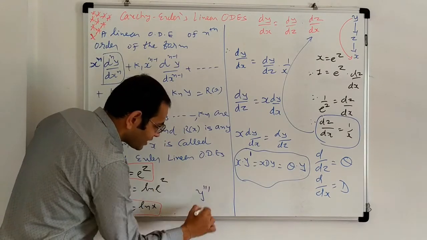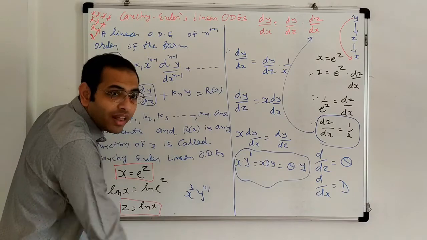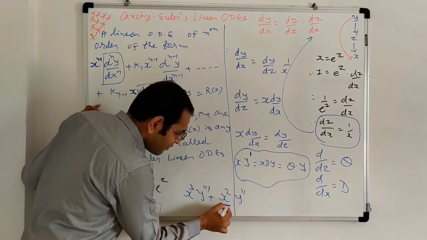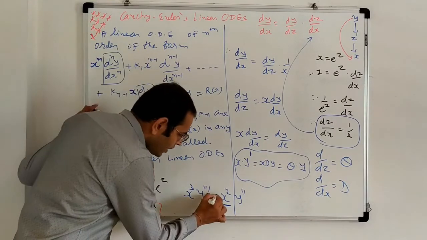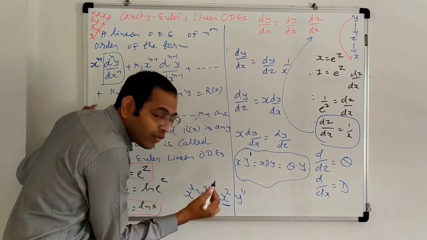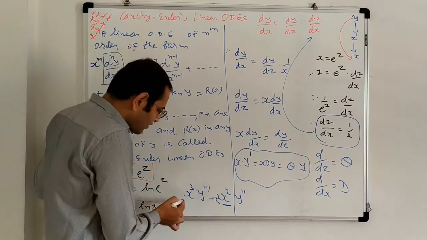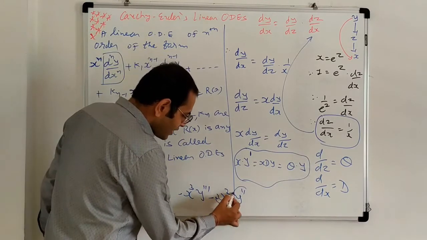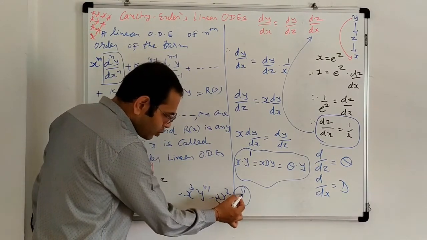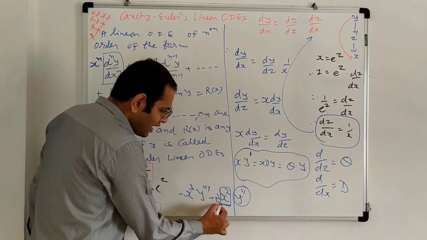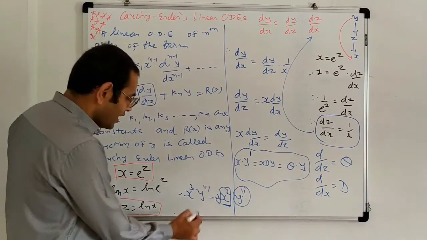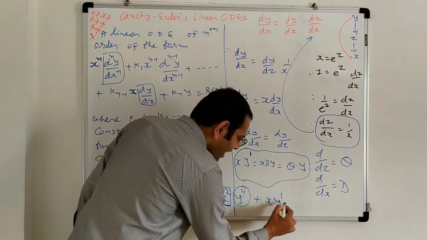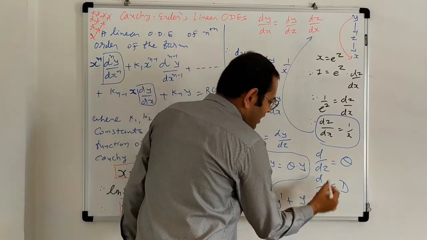For y triple dash, it must be multiplied with x cube. For y double dash, it must be multiplied with x square. The constant terms can be anything, positive or negative, plus, minus, 2, 3, 4, whatever. But the condition is required: if second derivative, the coefficient must be x square; third derivative, x cube; single derivative, x; and y equals 0.